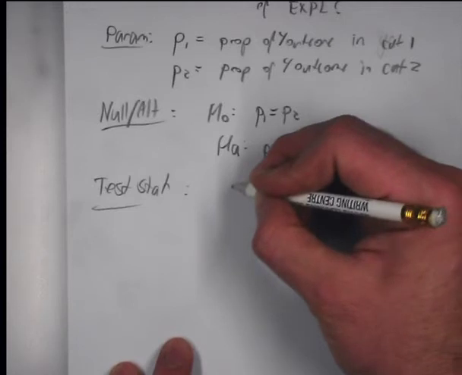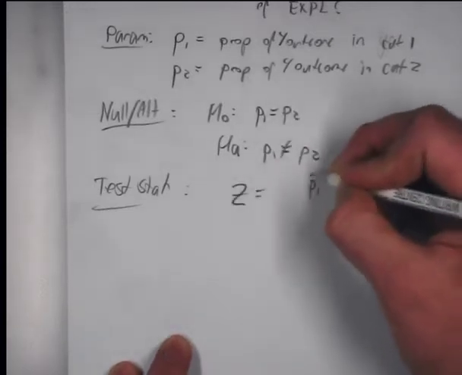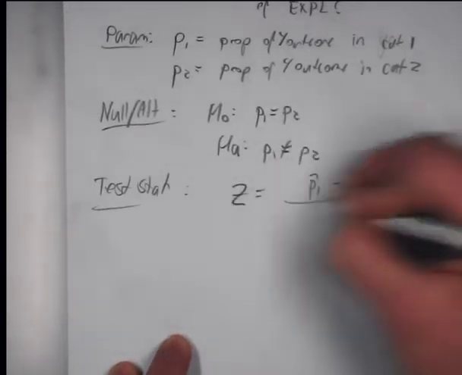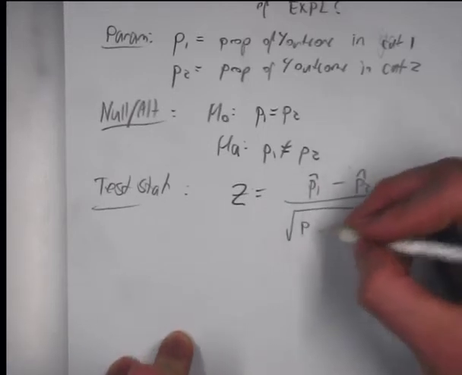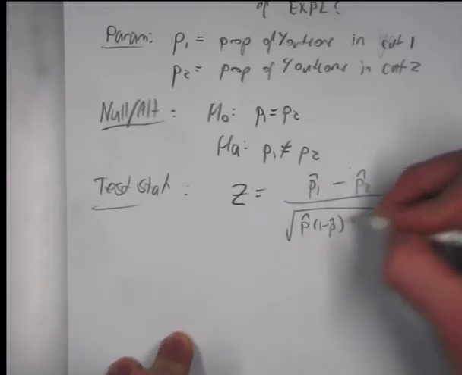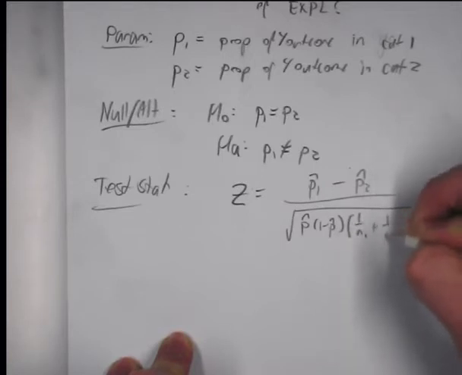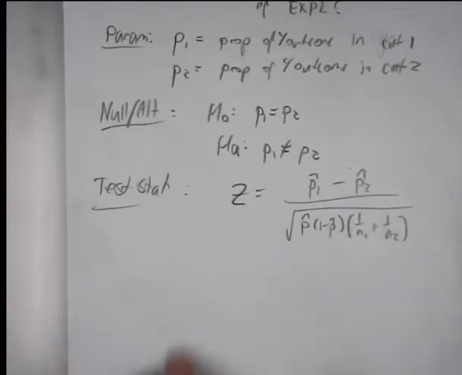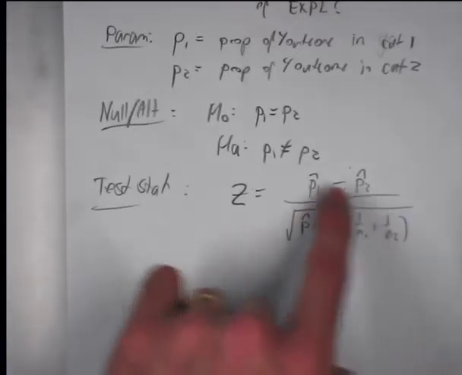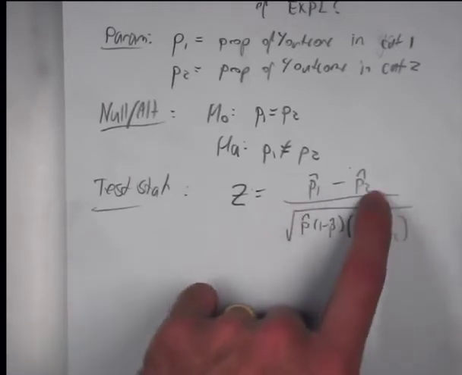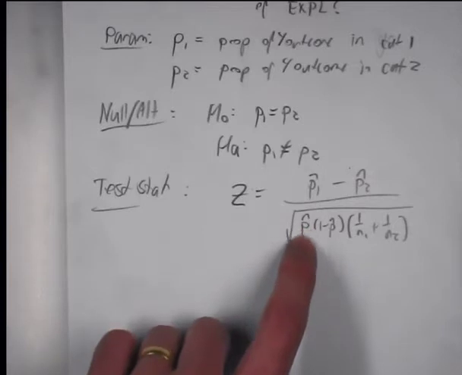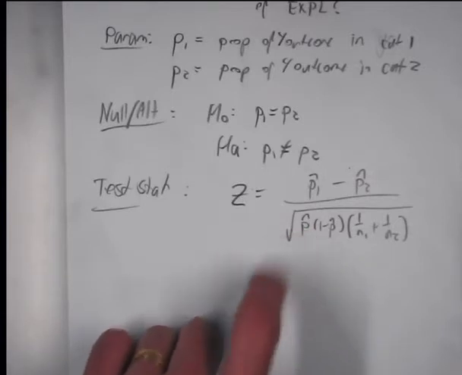It's a Z. Which is that. So this P1 hat is the proportion in group 1 that said yes. This is the proportion in group 2. This is what they call the pooled proportion.